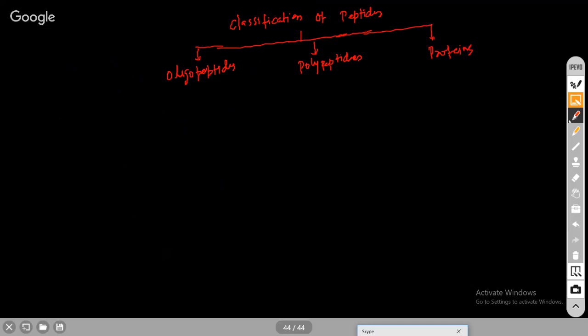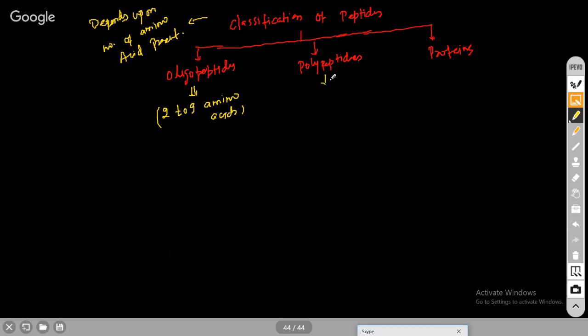This classification depends upon the number of amino acids present. In oligopeptides, we have a maximum of 9 amino acids possible, 2 to 9 amino acids.